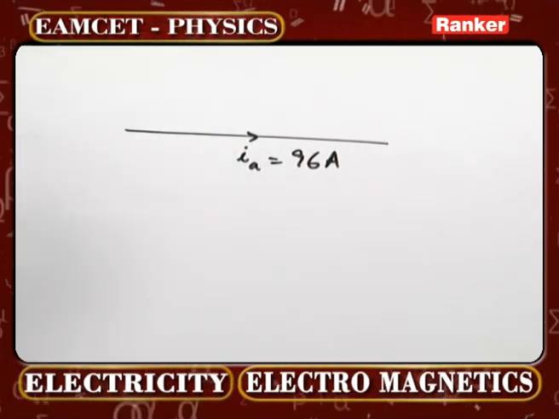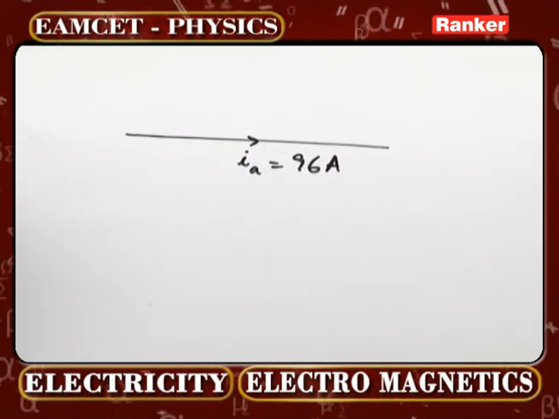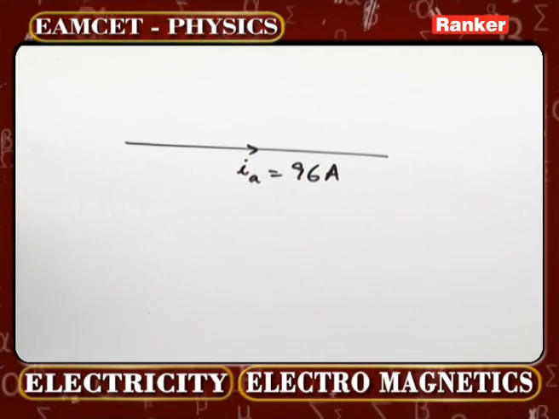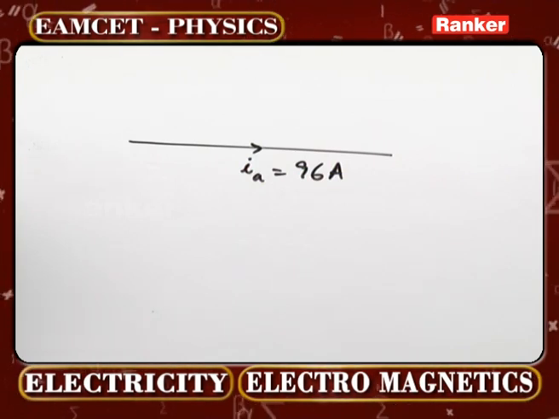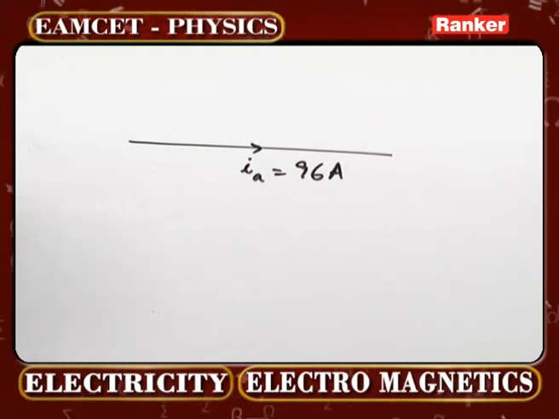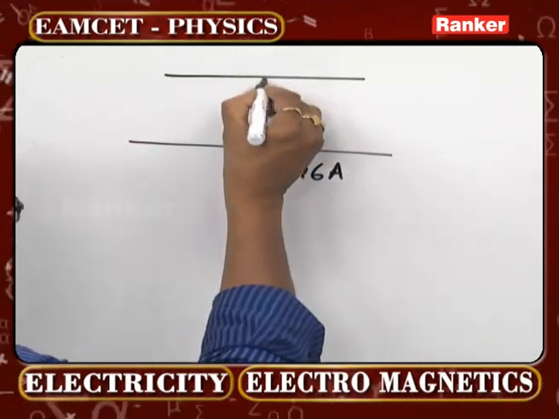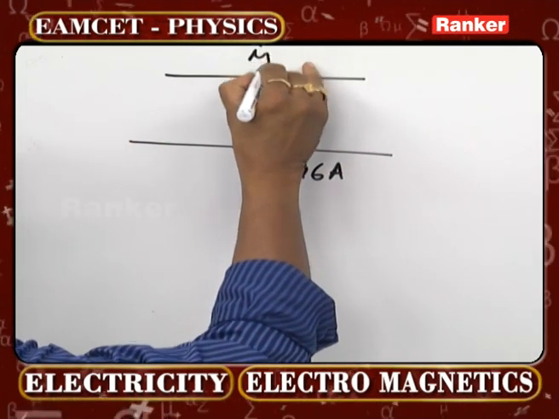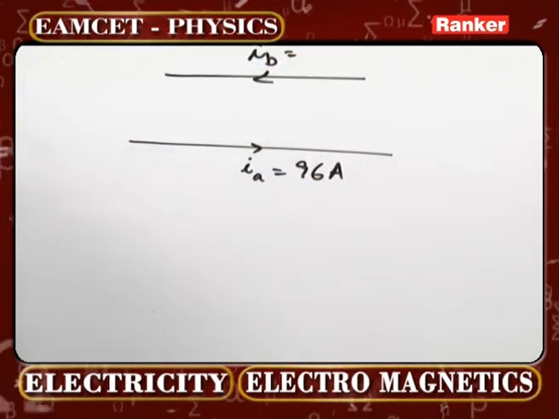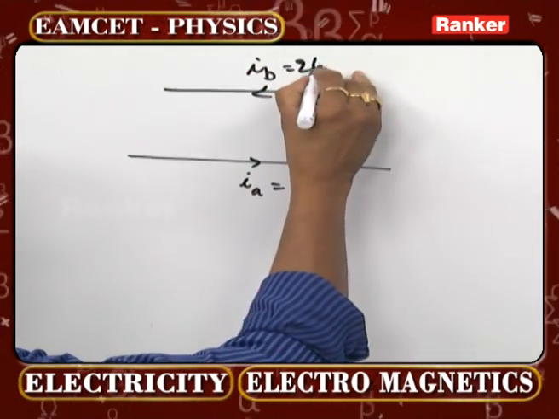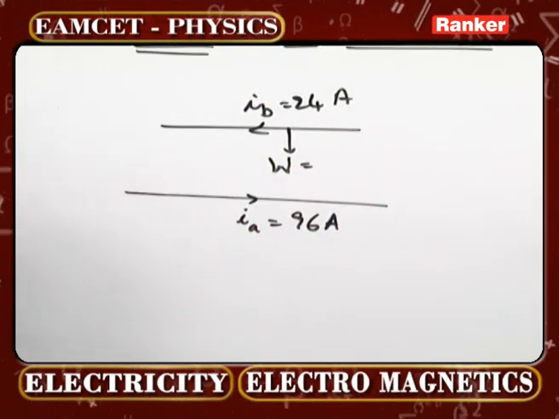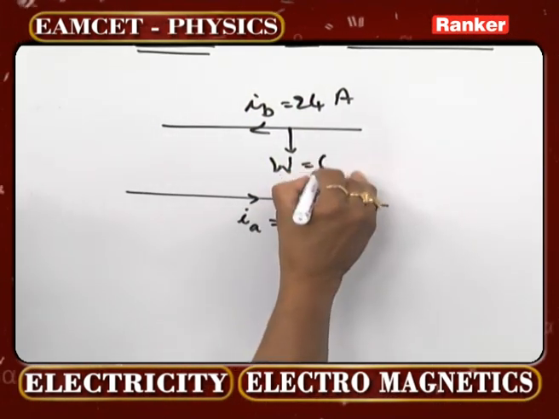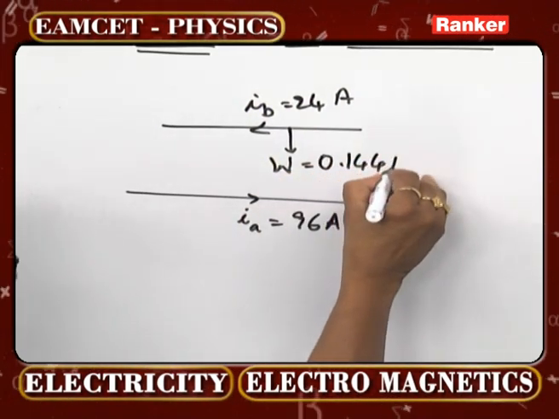Directly above it and parallel to it, at a certain distance, there is another wire of 0.144 Newton weight per meter carrying a current of 24 ampere in a direction opposite to that of IA. There is one more wire like this, which is carrying a current IB. How much has he given? 24 ampere. And what is its weight? Weight is given as 0.144 Newton.